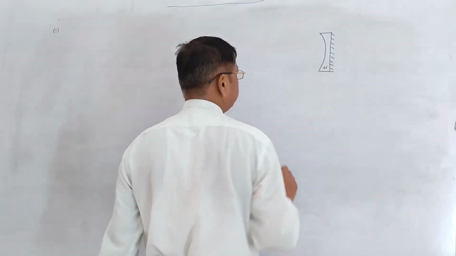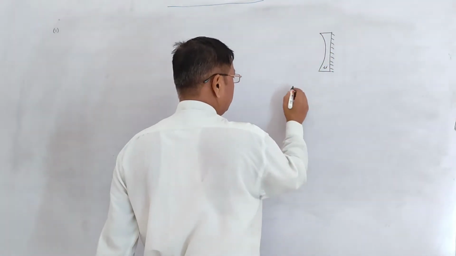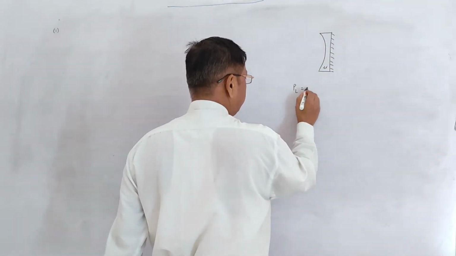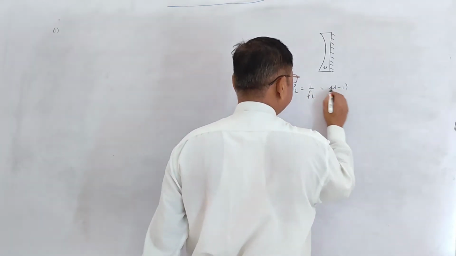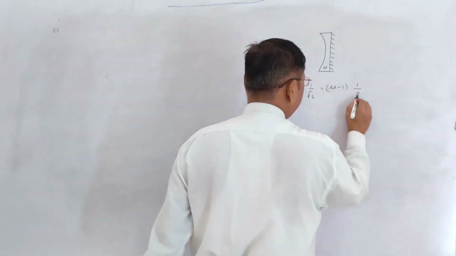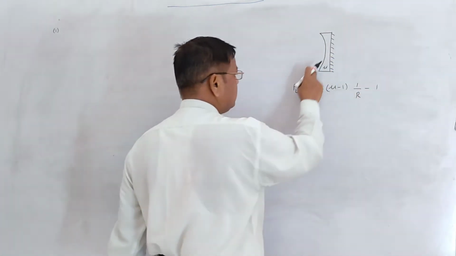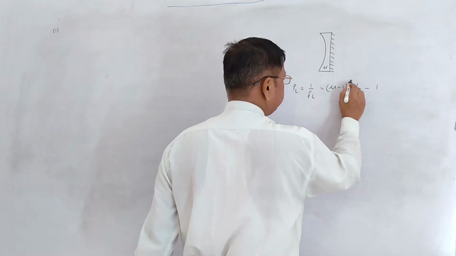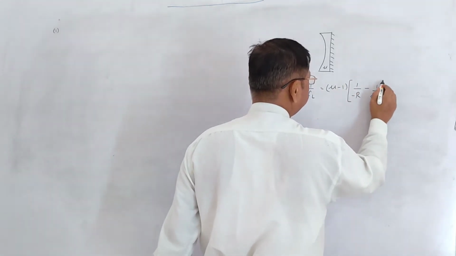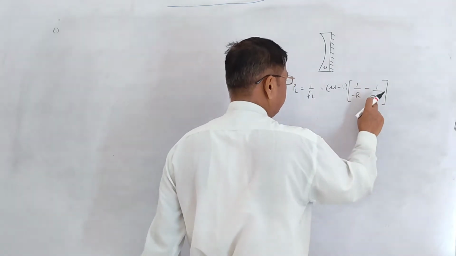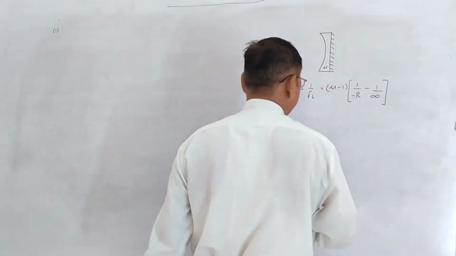Refractive index of medium is mu and radius of the surface is R. So again PL will be equal to 1 by FL, that is mu minus 1 upon R minus, and this R is negative, so here put negative infinity. Anything divided by infinity is 0, so this whole term becomes 0.